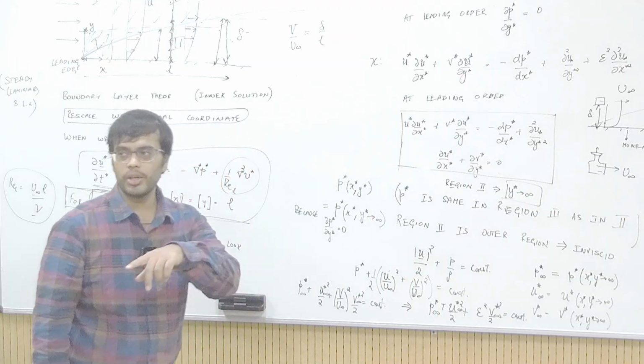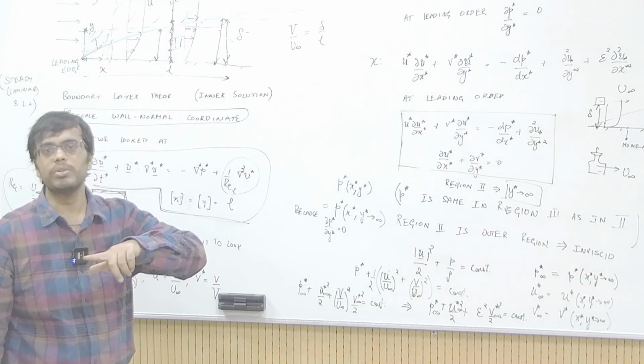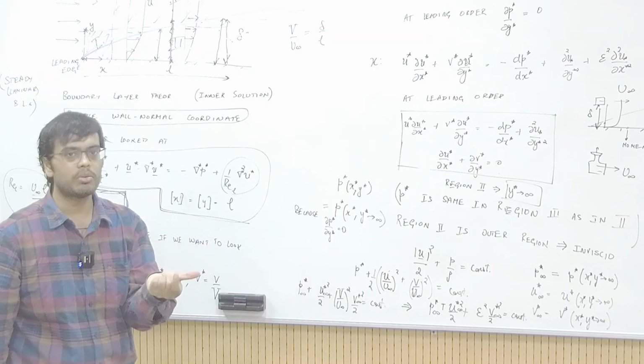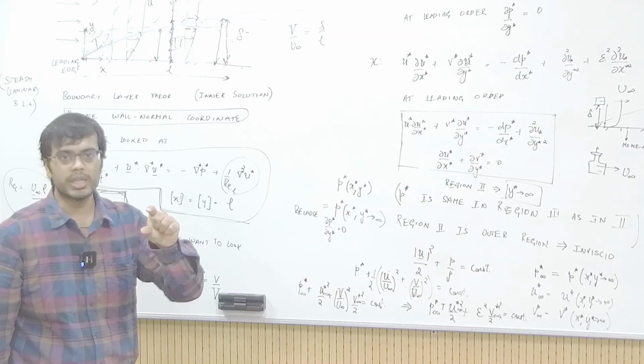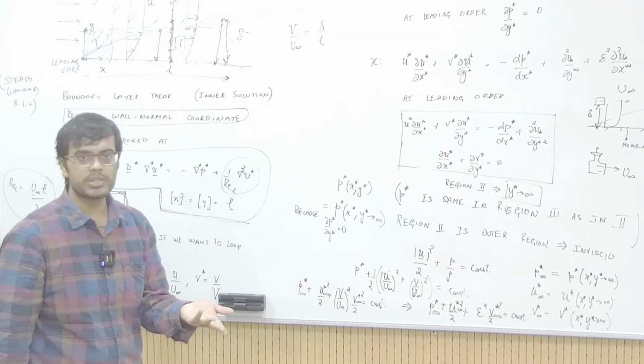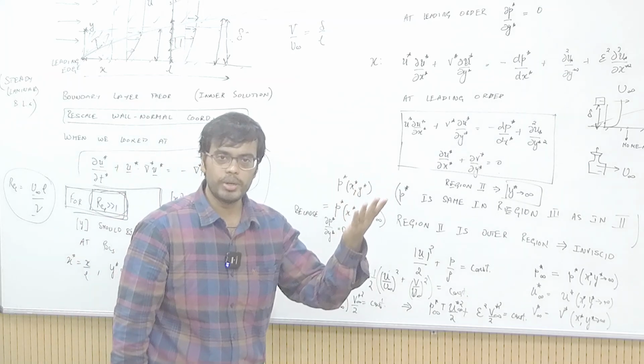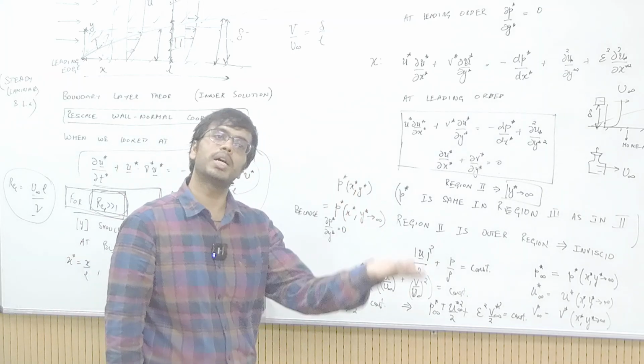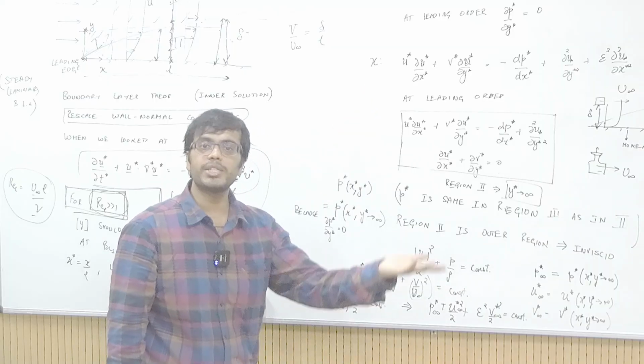If you go back to your asymptotic matching lecture, you will see that's how we matched the inner and outer solution. The first boundary condition for the inner solution was u equal to 0 at y equal to 0, but what about the other boundary condition? How did we match it?